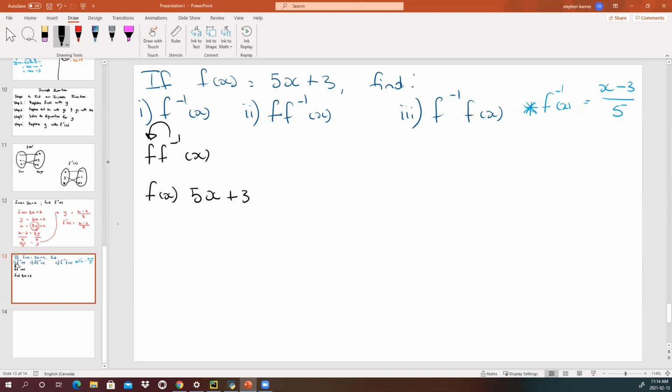So for f of f inverse, anywhere you see the x, it means you're going to put the f inverse, which is x minus 3 over 5. Everybody seen that? Yes. This is my f inverse function. So I'm finding my f of f inverse, right? So anywhere I say x, I put that f inverse.